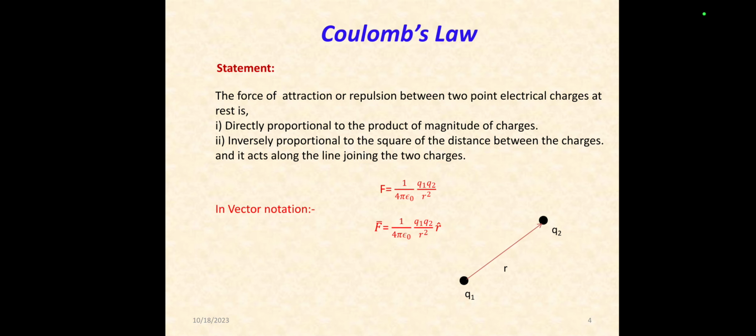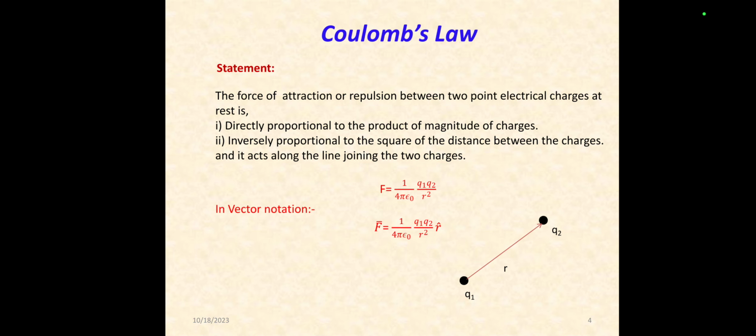So as per the statement of Coulomb's law, F is equal to 1 upon 4 pi epsilon naught. It is a constant term, that means 1 upon 4 pi epsilon naught. Epsilon naught is the permittivity of free space. As mentioned, the first point is directly proportional to the product of the magnitudes of charges. Here the charges are q1 and q2, so the product is q1 q2, as mentioned in this formula. The second point is inversely proportional to the square of the distance between the charges.